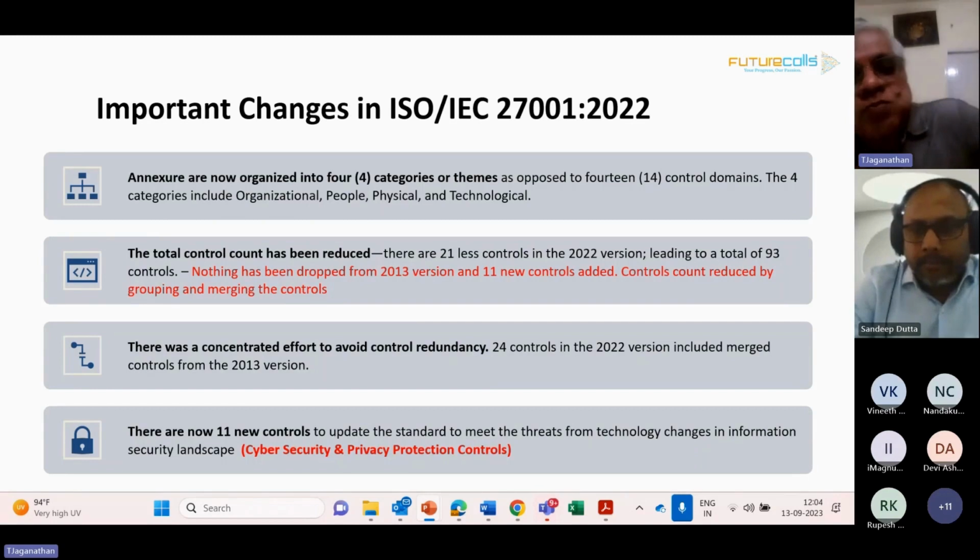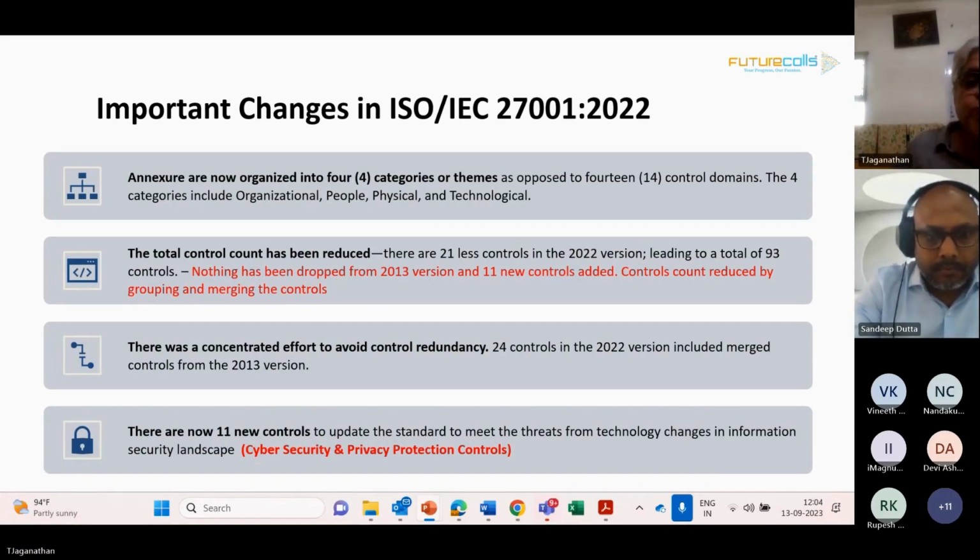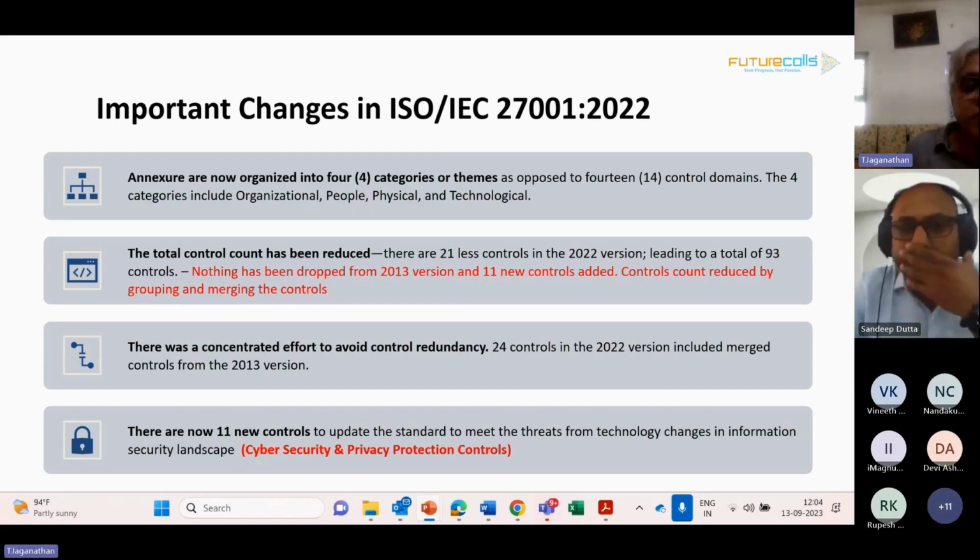Important changes: the annexure controls. I said in 2013, it used to be 14 different domains, like physical security, asset management, operations, information security operations, BCP DR. Now it has been rationalized and brought into 4 categories called organizational, people, physical, and technological.